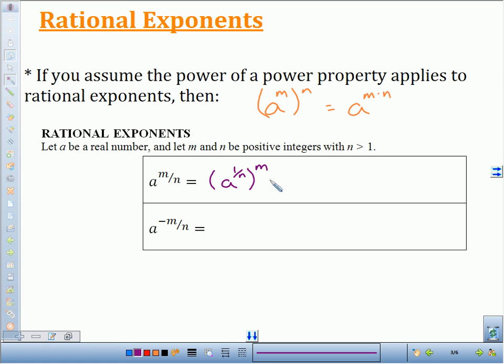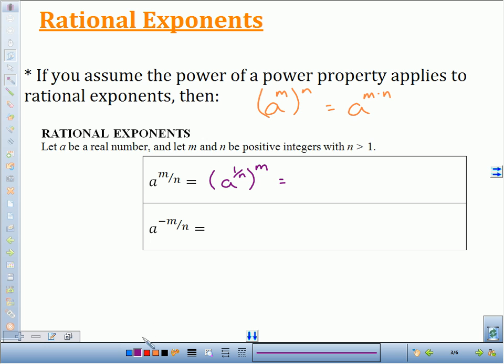And you can see that if I did that, that would be a to the 1 over n times m, which multiplies out to get this rational exponent. So I could rewrite it in this way, a to the 1 over n to the mth power.